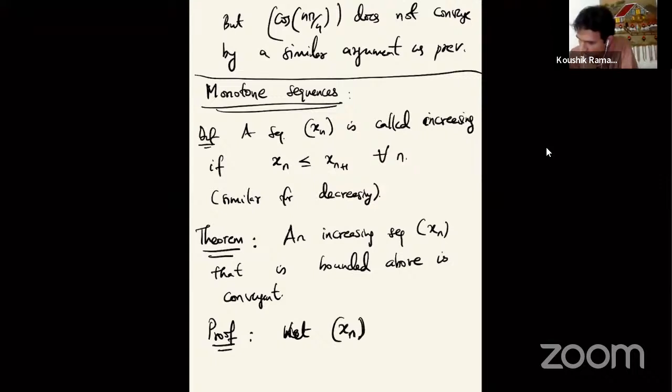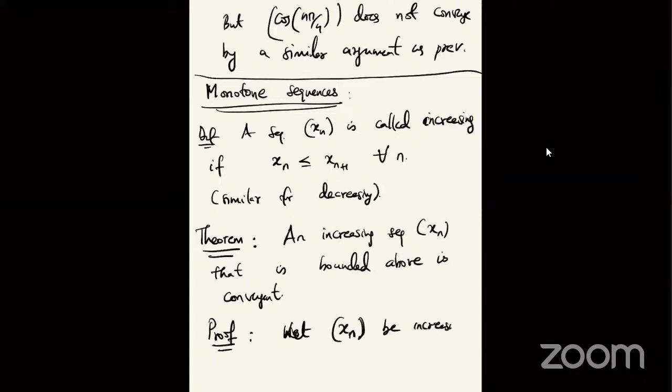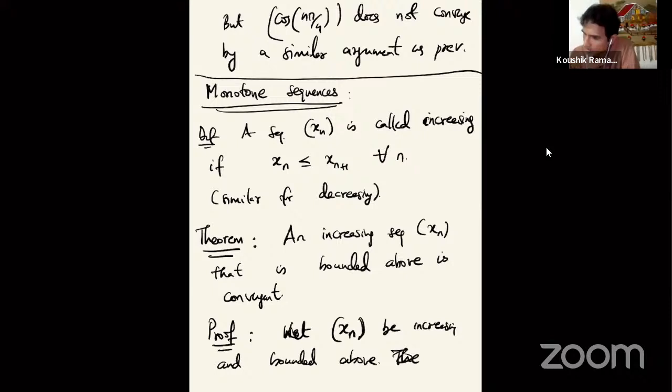Yeah, so let x_n be increasing and bounded above. Therefore, you see here we are again using the order completeness.